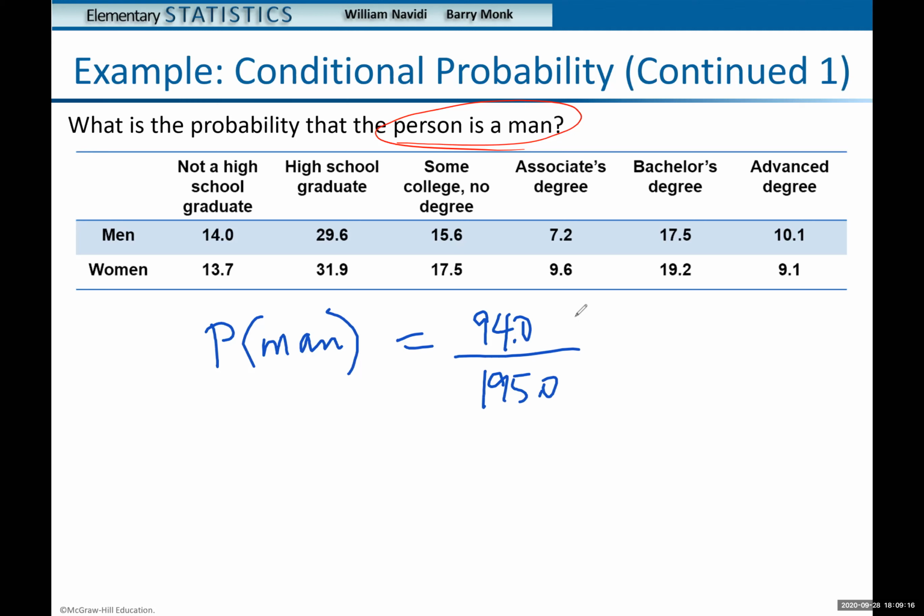So when you divide this, that's going to be equal to 94 divided by 195, 0.48. Let's have 4 decimals: 0.4821. Okay, very good. Questions?